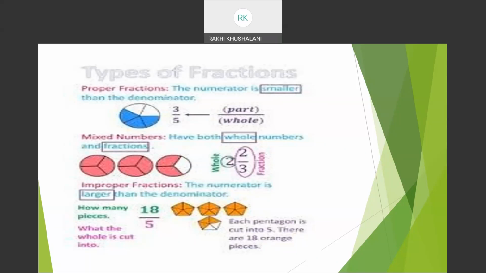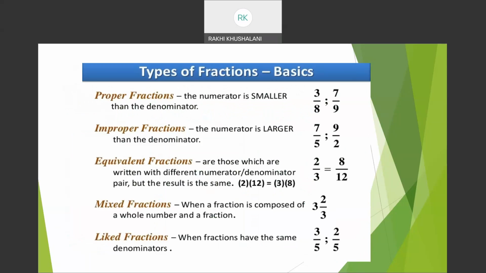So I'll go back to the definitions. We learned about mixed fraction when a fraction is composed of a whole number and a fraction. Of course, like fractions are those where the denominators are the same, like 1/8, 2/8, 3/8, 4/8, or in this case 3/5, 4/5.